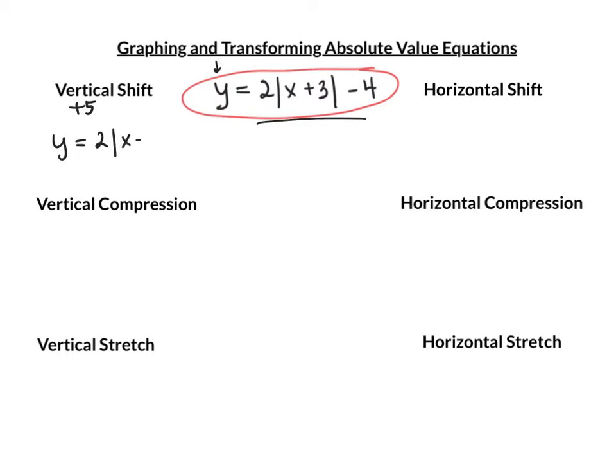It's not an x or horizontal transformation, so what we do is we have a -4 plus 5, which means my new equation will be 2 times the absolute value of x plus 3 plus 1. Horizontal shift, let's move it 5 to the left.